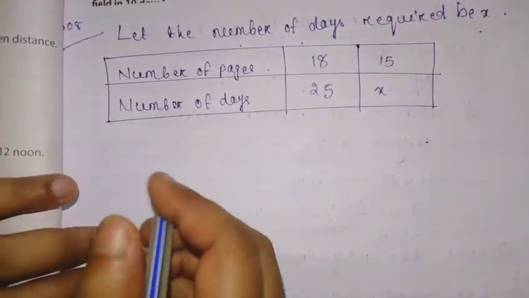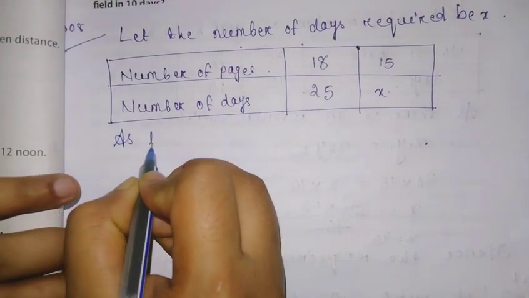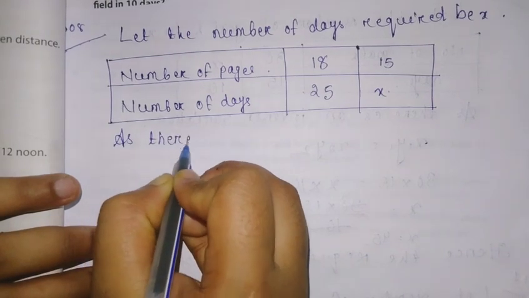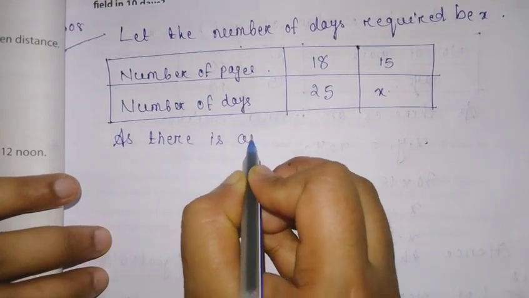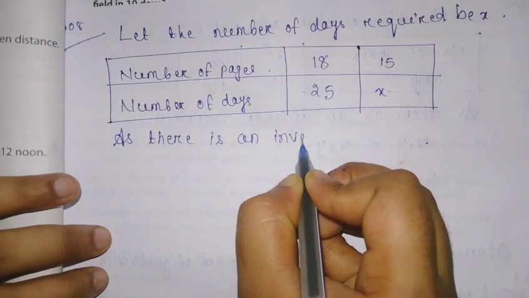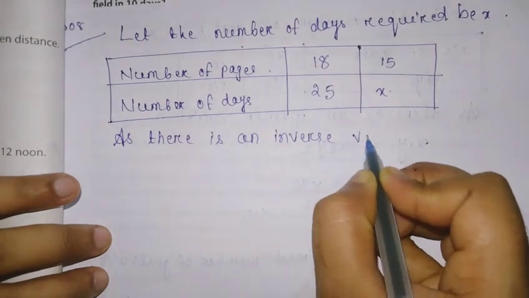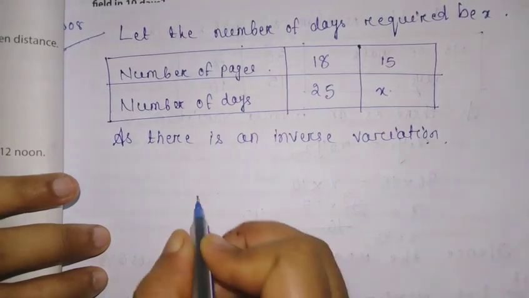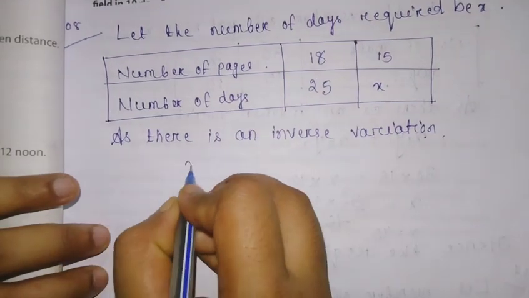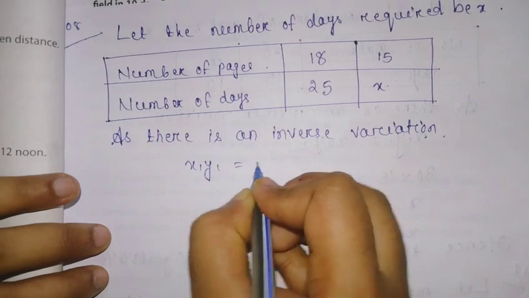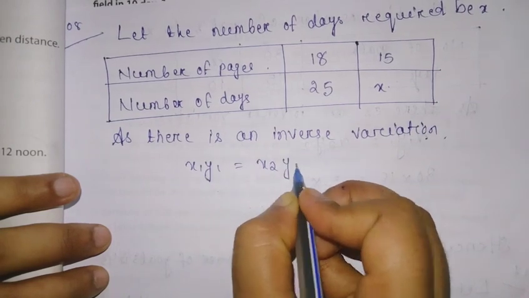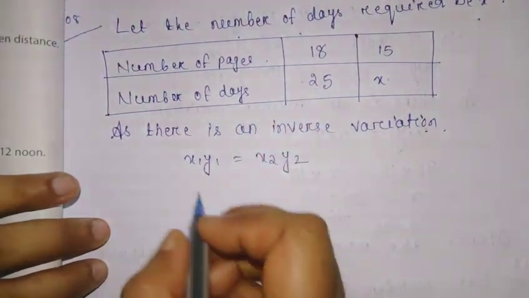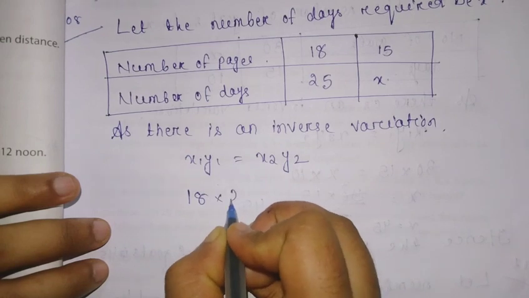As there is an inverse variation, we put the inverse variation formula: x1 into y1 equals x2 into y2. Here x1 is 18 and y1 is 25.